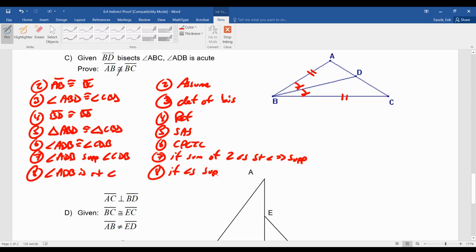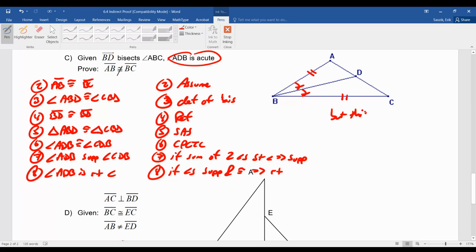If angles are supplementary and congruent, then right. So we've shown that angle ADB is a right angle, but up here it says that ADB is acute. Either it's acute or it's not. We just showed that it's a right angle. So we have a contradiction now, right?